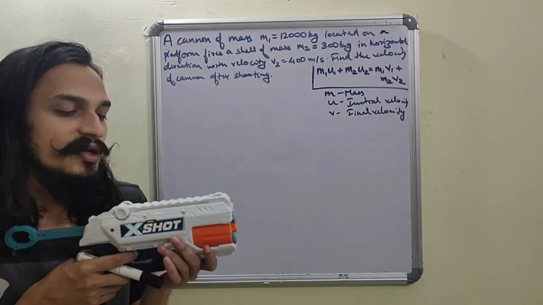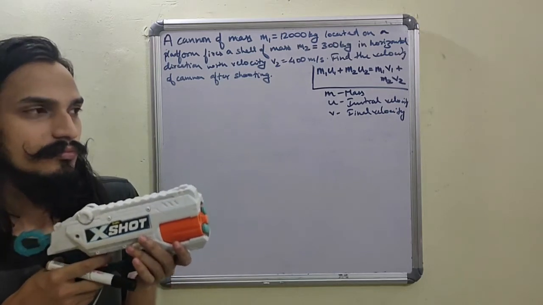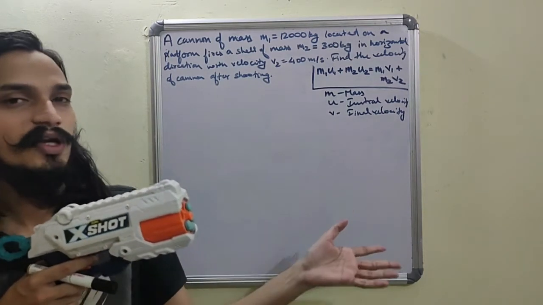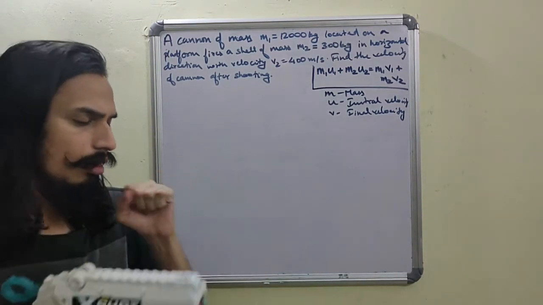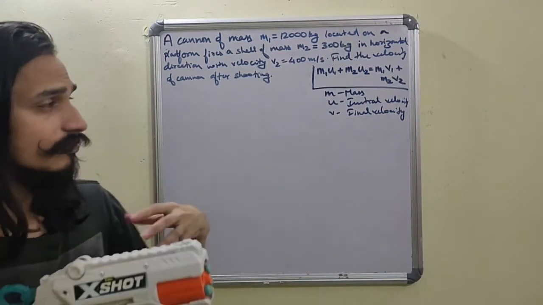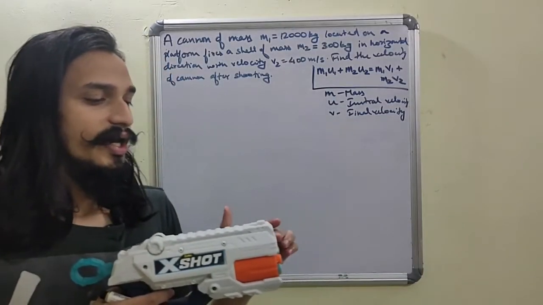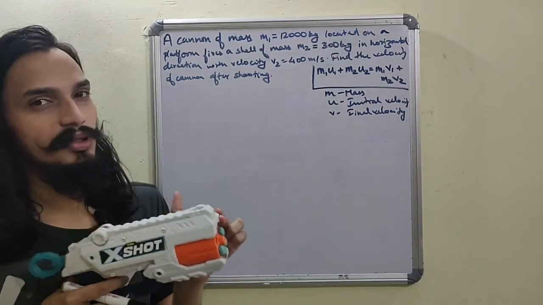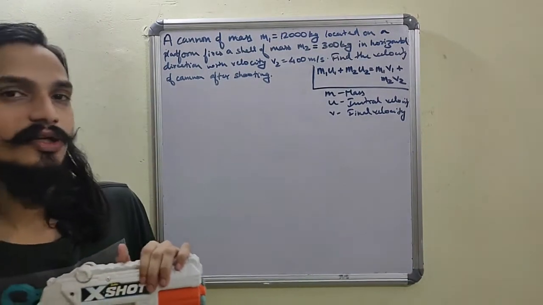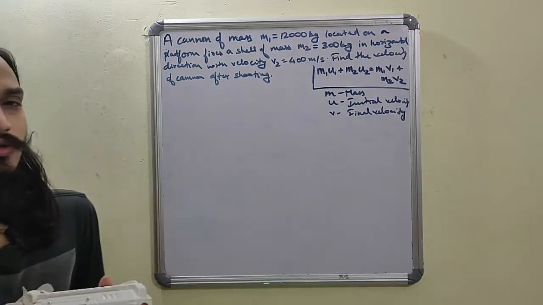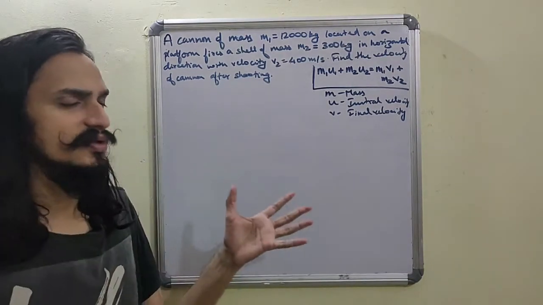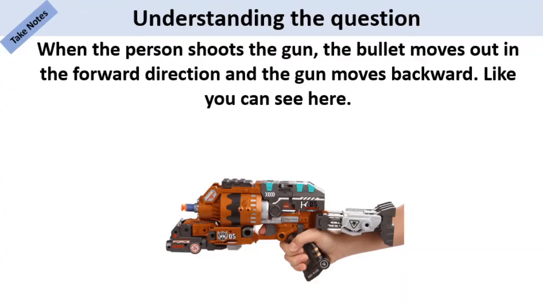But the moment I fire it, the bullet flies off, and when the bullet flies, it pushes the gun back a little bit. Okay, it's called recoil. Why that happens is because of momentum, the law of conservation of momentum. Okay.